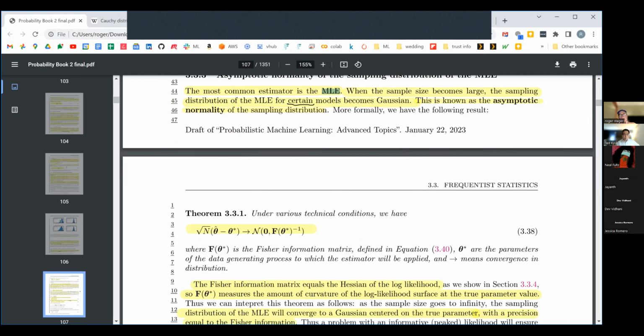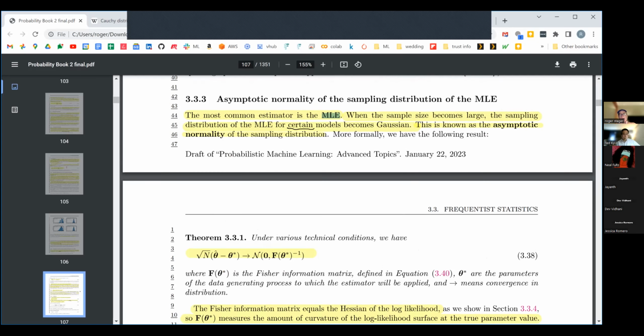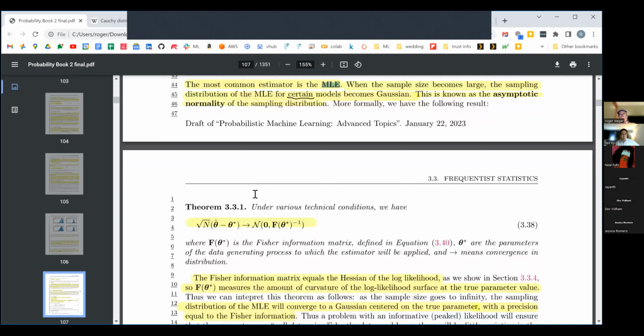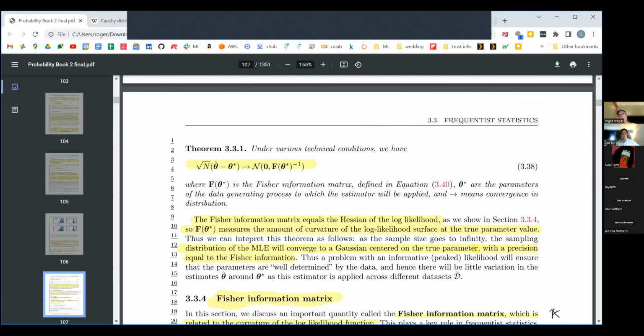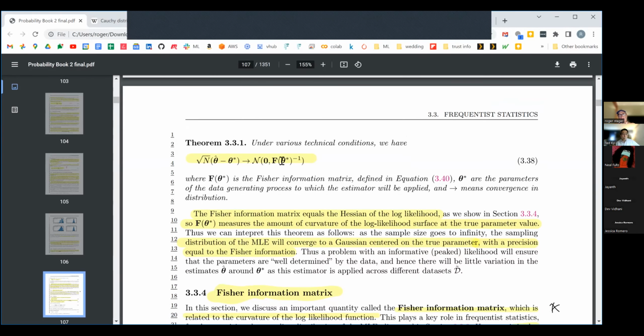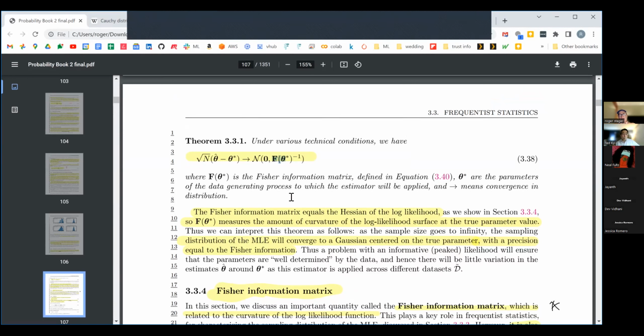Okay, then I'm rolling along to 331. This is one of the things he does quite often that I don't really like, where he references forward. He uses a term and then it's defined later. But what he's saying here is that the Fisher information, let's say generative, means convergent distribution.